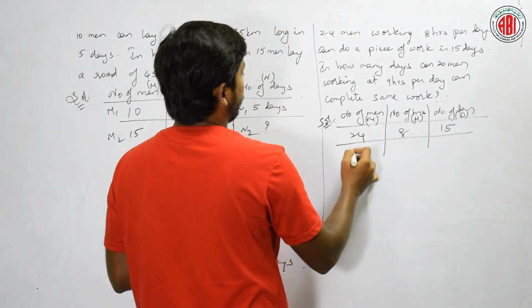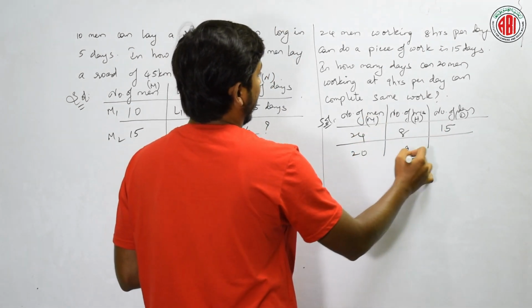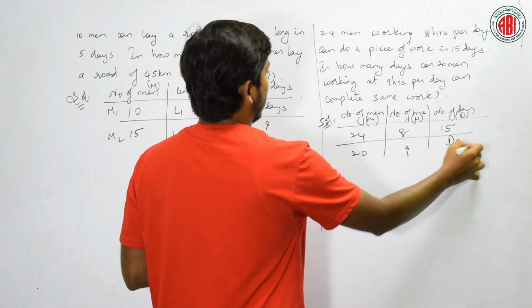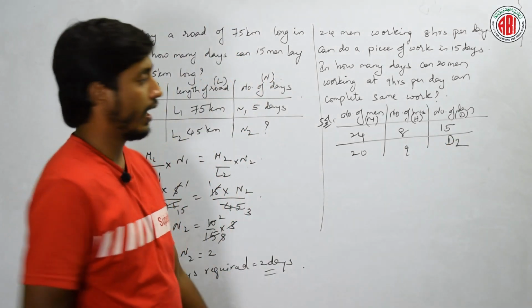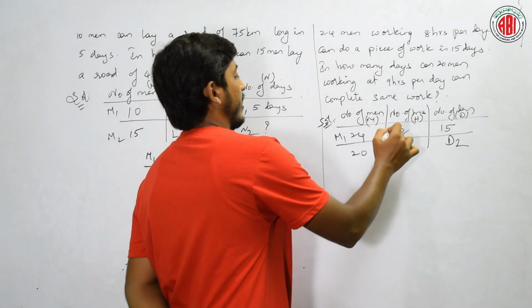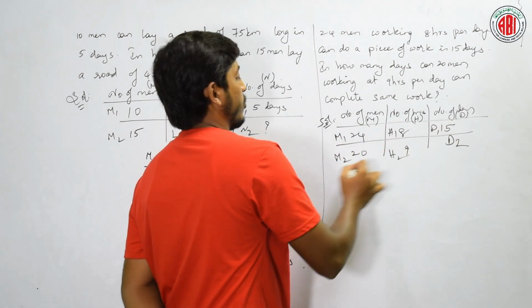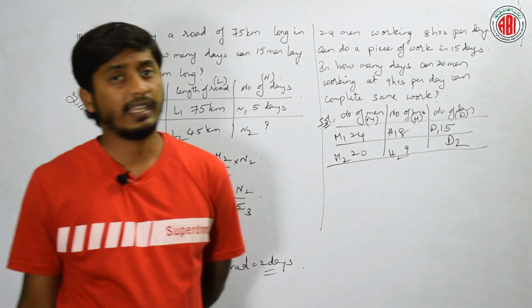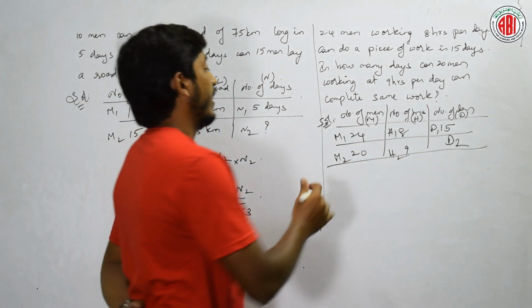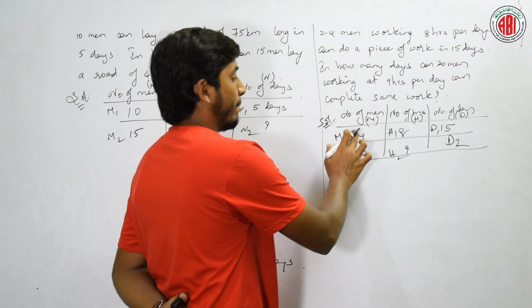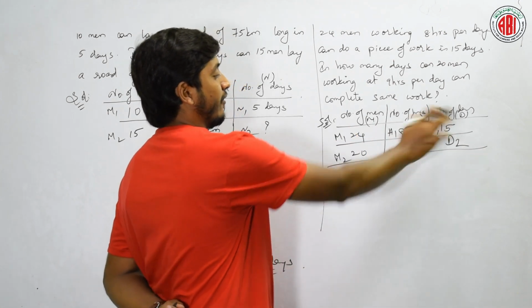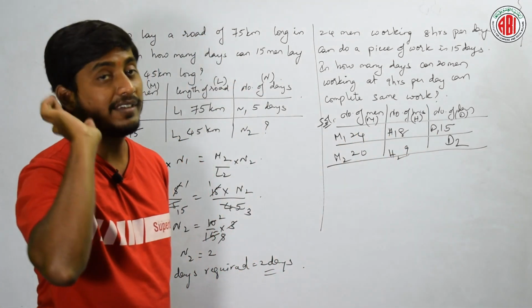The next, 20 men, 9 hours, how many days? Okay. Now let us write M1, H1, D1, M2, H2, D2.